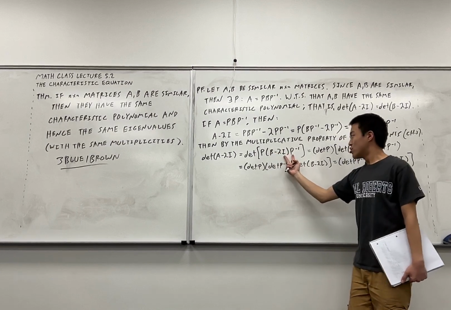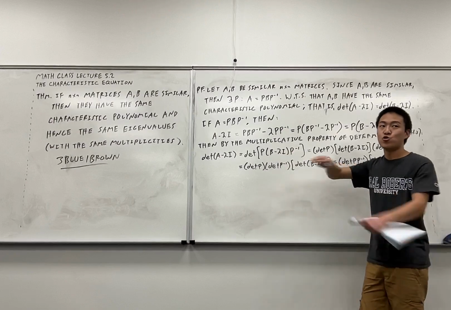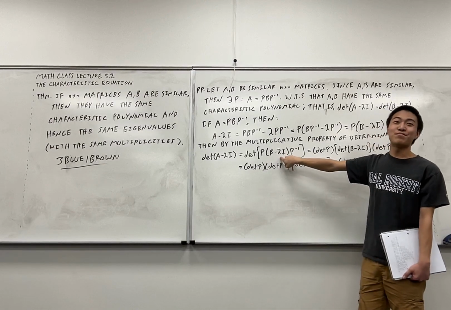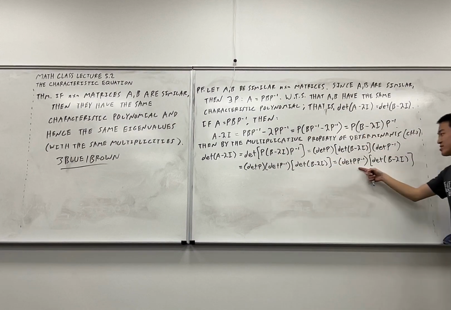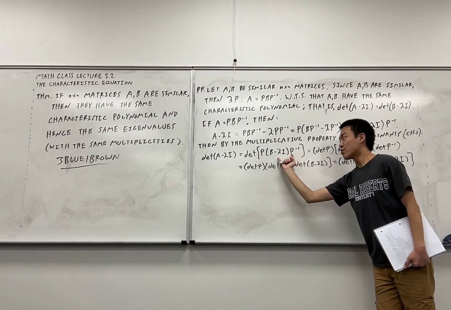I should not just assume I can commute P inverse with my B minus lambda I. Do not do that. If I see that in the proof, well, that's kind of game over, because that tells me you don't even know the rules of how matrices work, okay? So just because it ends up looking like this does not mean that it's a legal rule to flip those out of convenience.